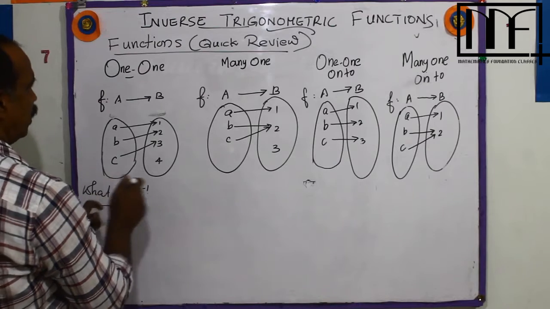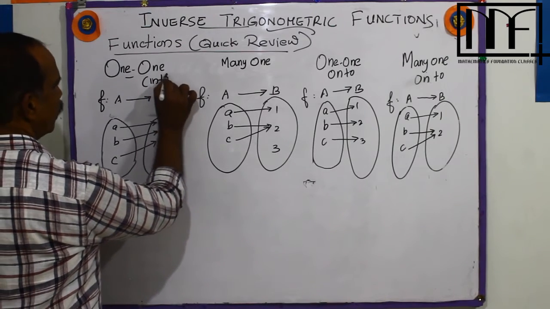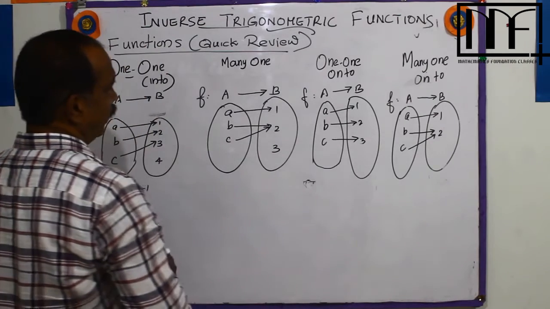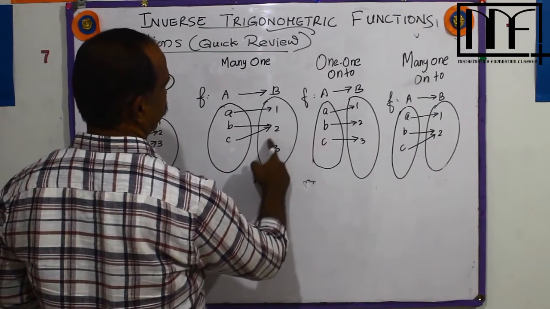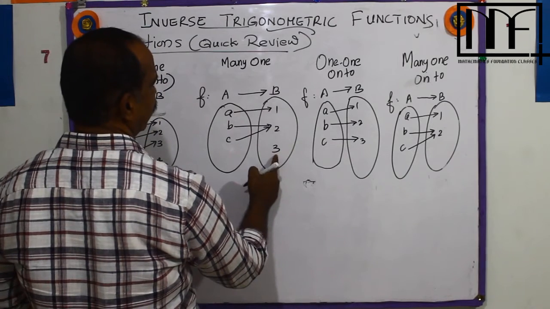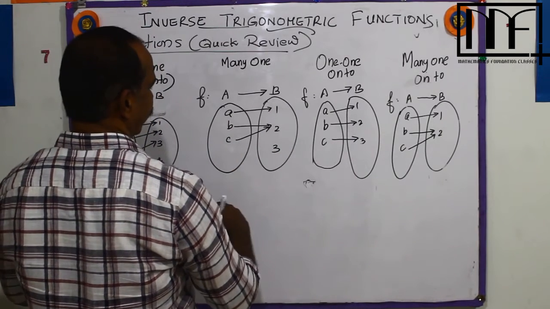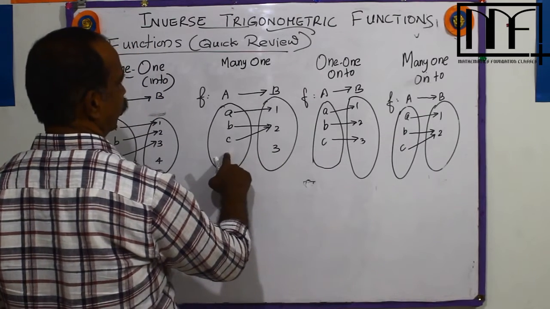an image of any element of A. Okay, therefore it is not onto, so it is an into function. Then number 2, a many-one function, and it is also an into function because it is not onto. The 3 doesn't have any pre-image in the domain set, or we can say that 3 is not the image of any element of the domain set.